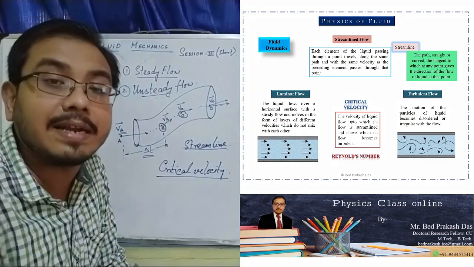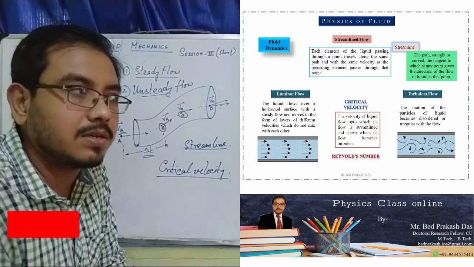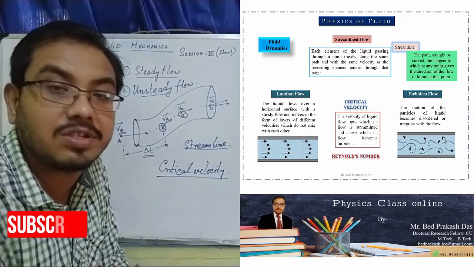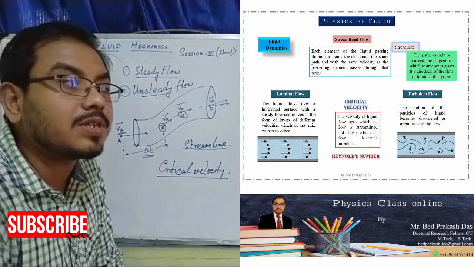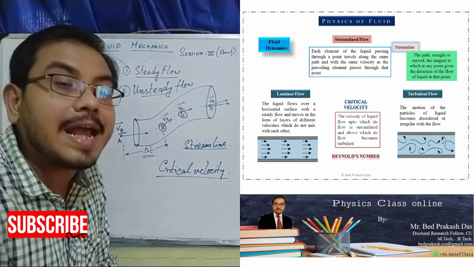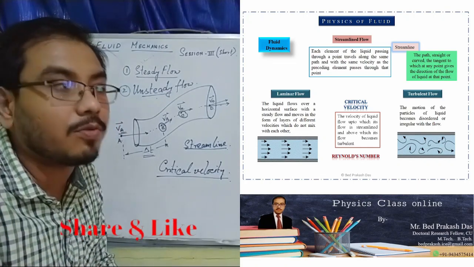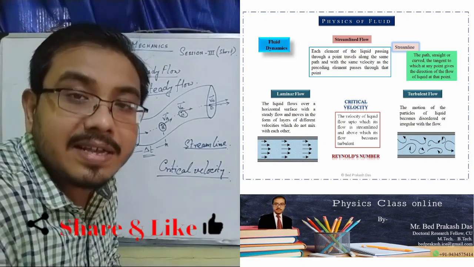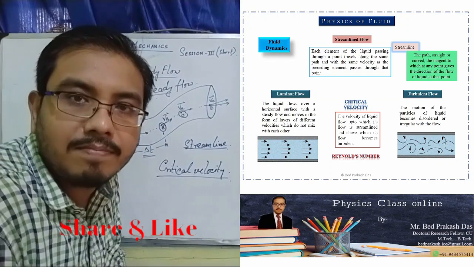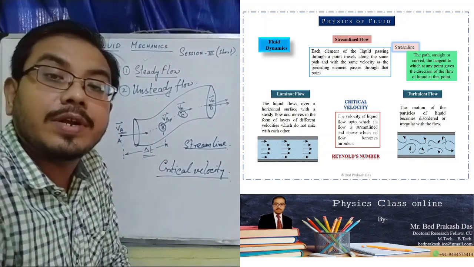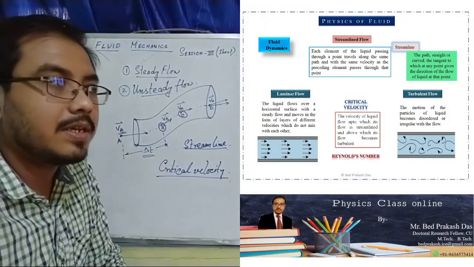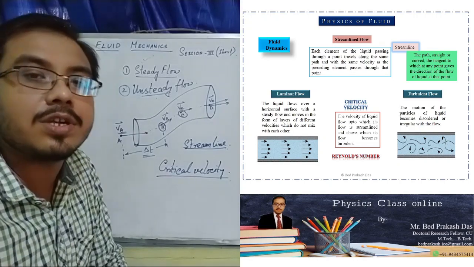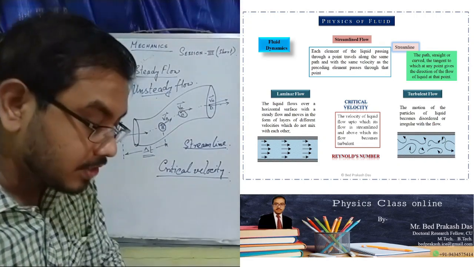We will discuss it in detail in the next one or two sections. Viscosity is basically the drag force, or the obstruction, due to which the fluid resists flow. So the Reynolds number is actually the ratio of inertial force to viscous force.